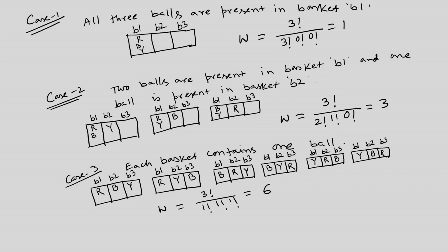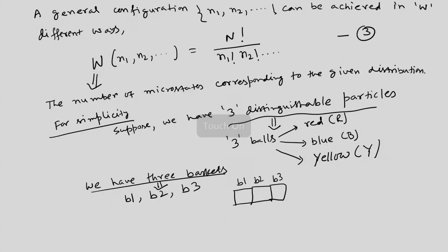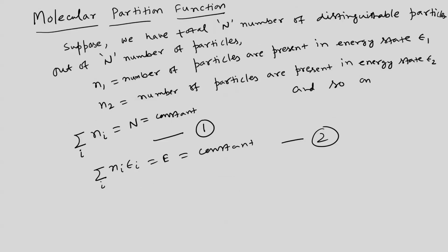So, what do we expect? We expect that the higher the value of W, the higher the probability, right. This is true, but we need to satisfy equations 1 and 2.